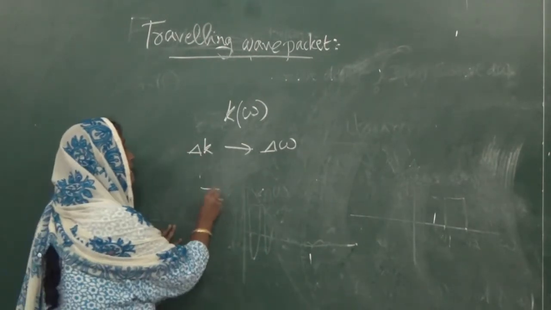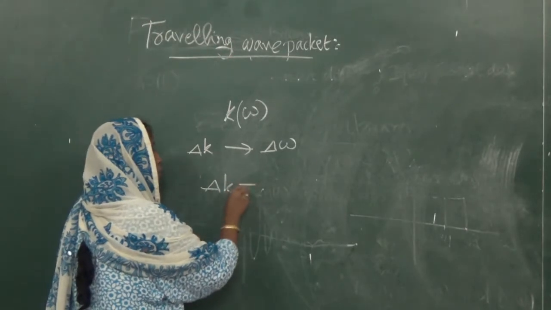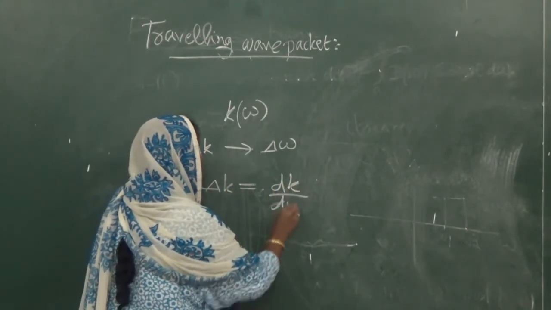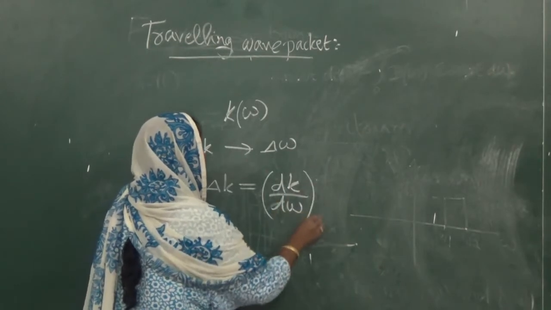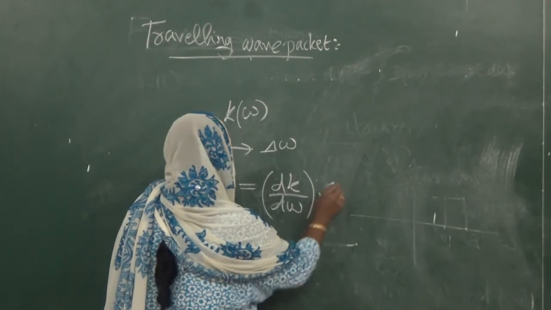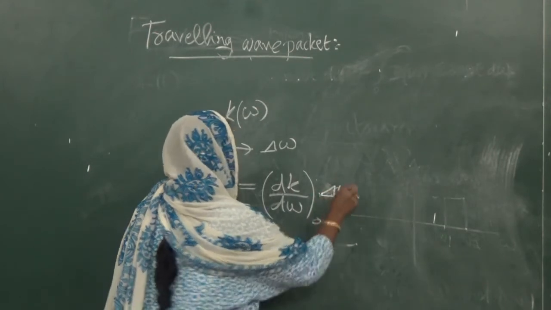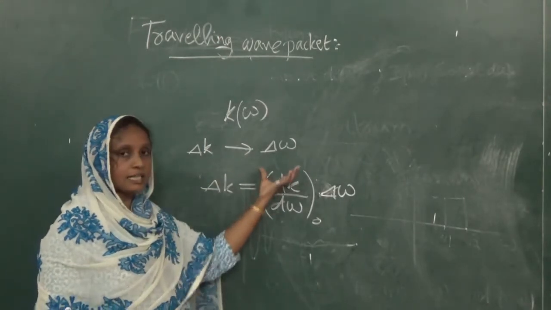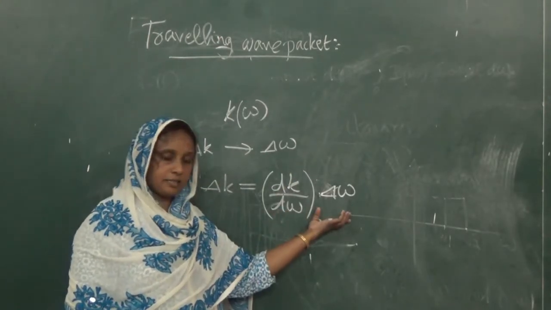That is, delta k equal to dk by d omega into delta omega. You can write a relationship like this.